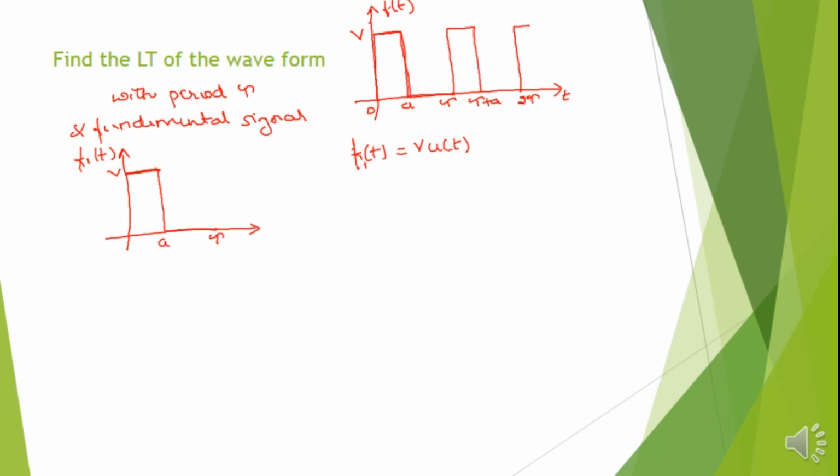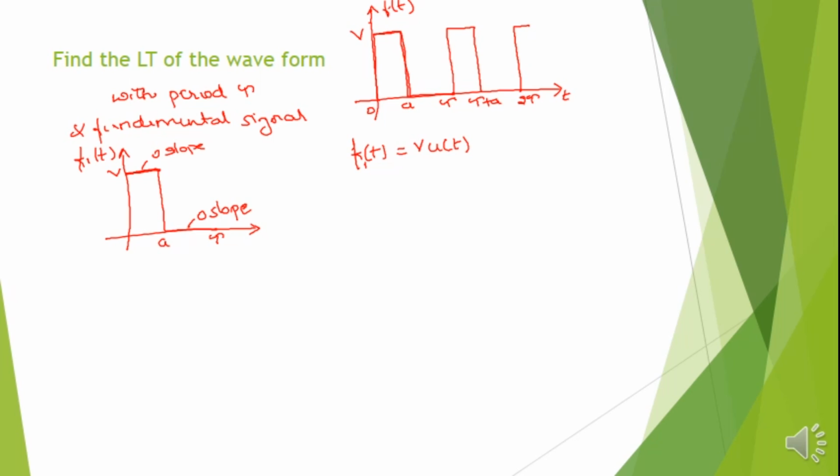Next, what is the change in slope? This is 0 slope. This is also 0 slope. So the change in slope is 0, so I need not add to the equation. Now is there a change in magnitude? Yes.